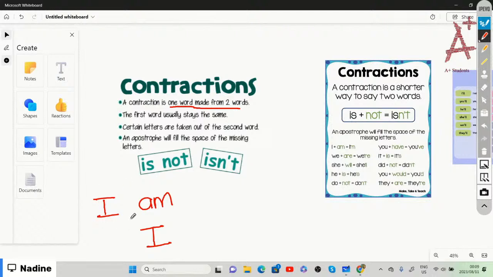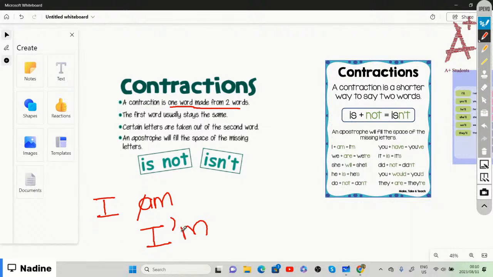So with I am, in order to make one word from the two words, we say I'm. We leave out the A, put the apostrophe in its place, and join the M in the second word to make one word from the two words. So instead of saying I am, we say I'm.